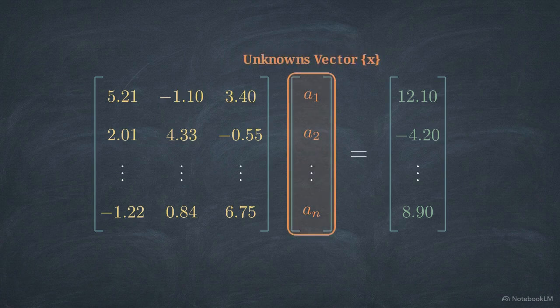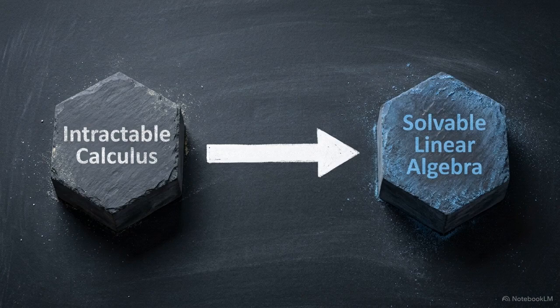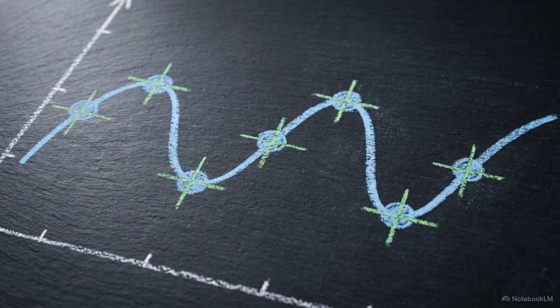Look at the center of this matrix. The unknown x vector cleanly isolates our target coefficients, a1 through an. We bypassed the dimensional roadblock. By utilizing weighting functions, we constructed a robust n-by-n system of linear equations. Computationally solving this final linear system yields the exact numerical values for every coefficient, locking our approximation into its final shape.